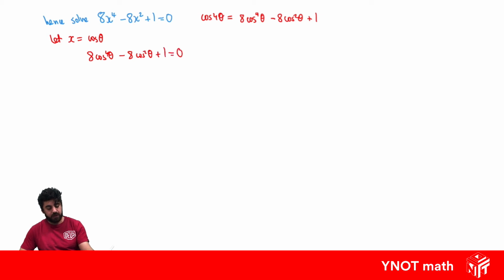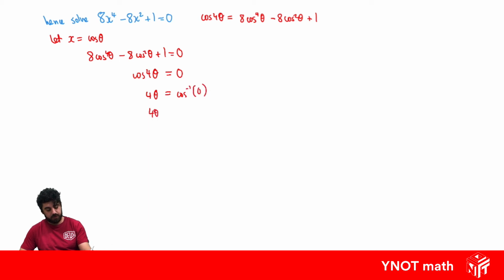And we know we can express that all as cos 4 theta. And this is the equation we just want to solve. So let's go ahead and solve this. We can just take the inverse cos of both sides.